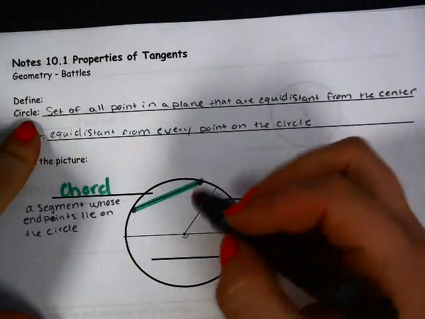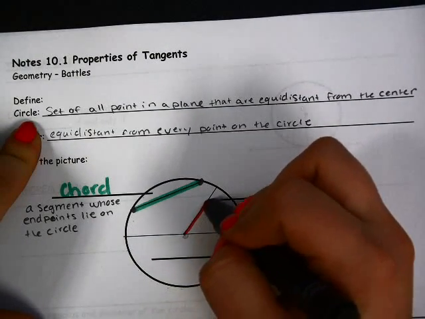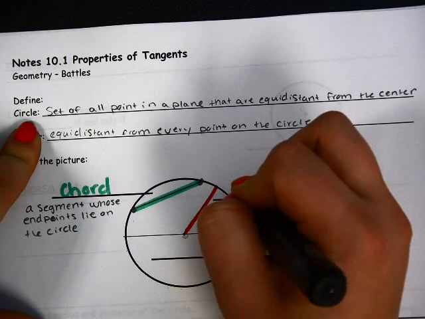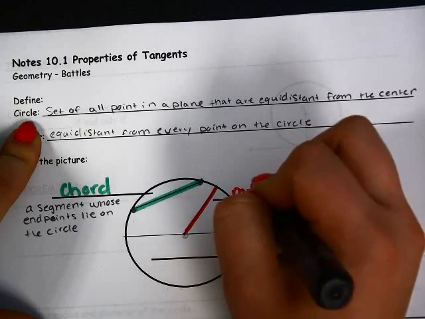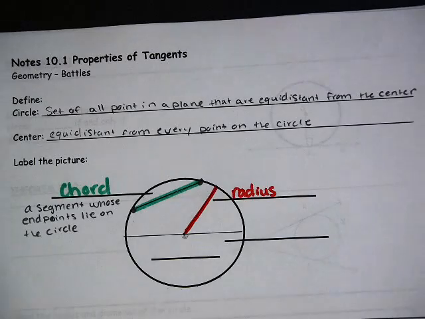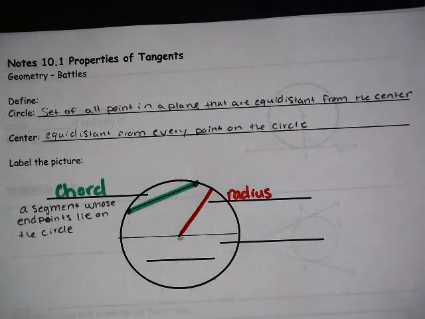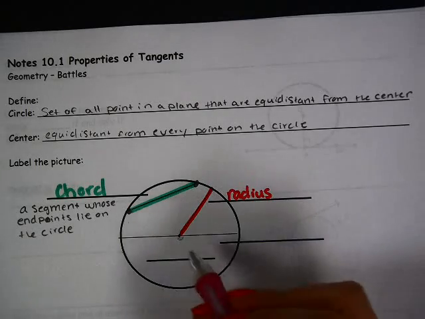The next line here is known as our radius. And the radius has endpoints.